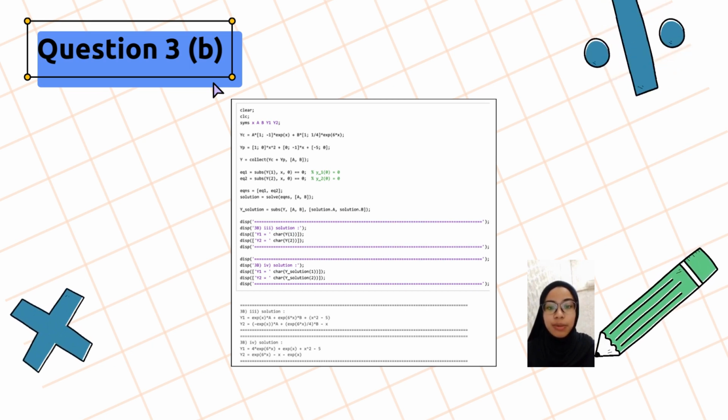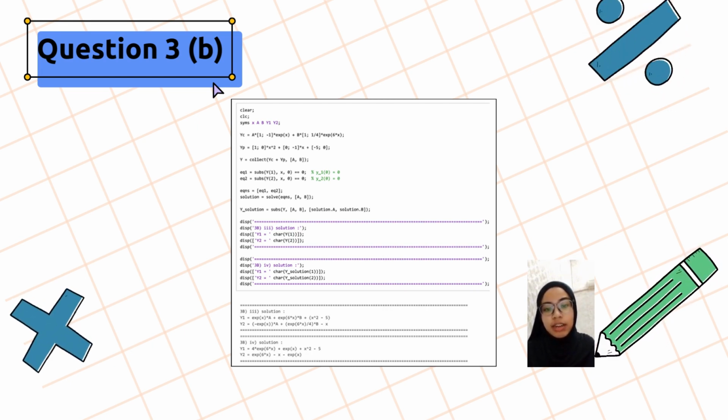So firstly, we need to declare the function of yc. Then after declaring the function yc, next we declare the function yp. So to get y equals yc plus yp, I declare y equals collect yc plus yp, with a and b.